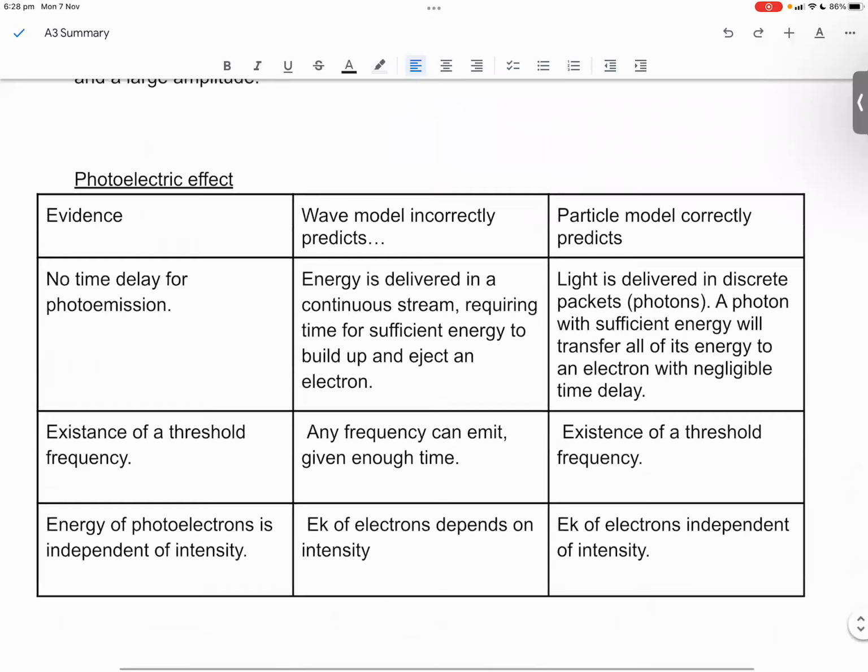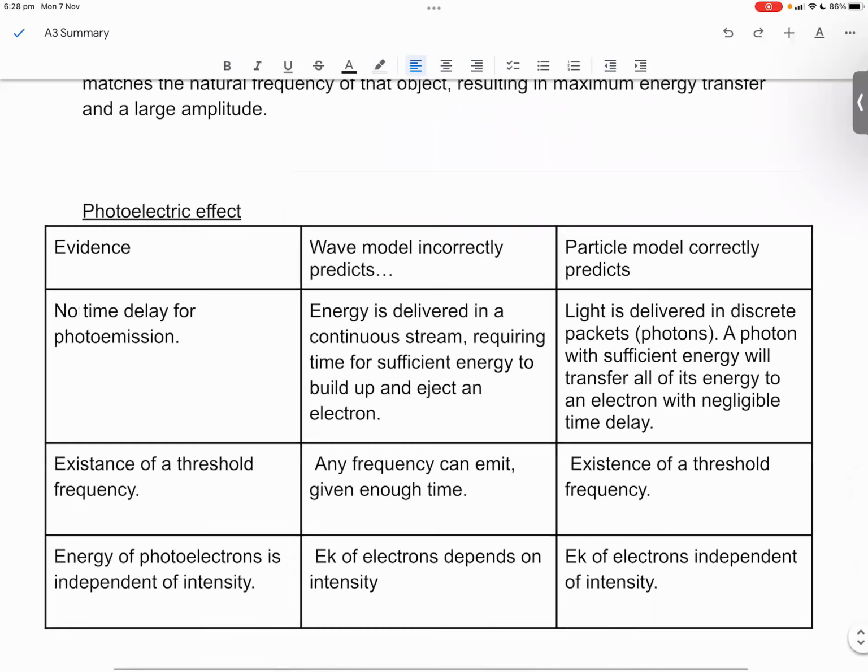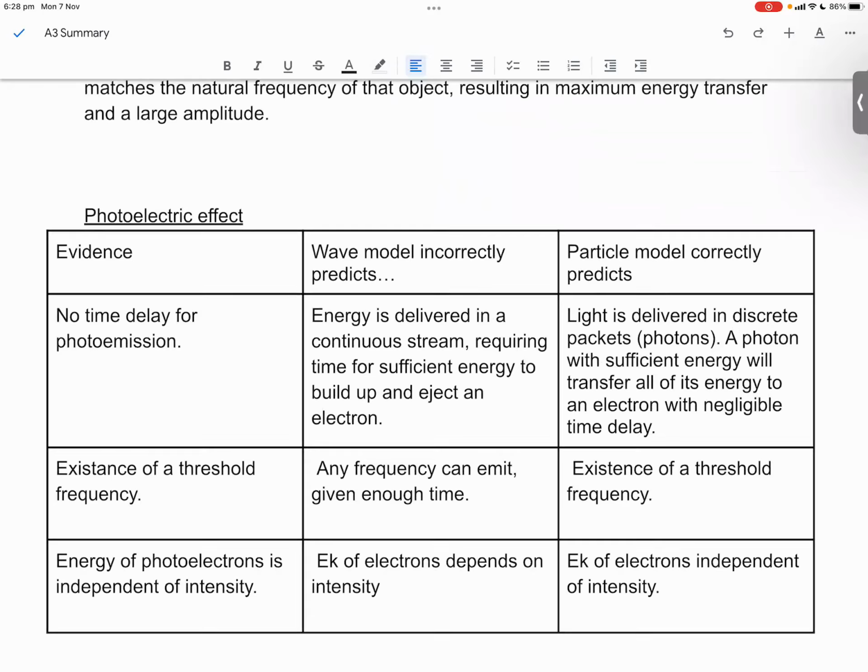Here's the photoelectric effect. I've noticed there's about 3 key pieces of evidence that the photoelectric effect addressed: the fact that there's no time delay for photoemission, and that there's a threshold frequency. If I was to talk conversationally about that, we might say that the wave model says any old frequency should emit if you have enough time, because energy can accumulate continuously under a wave model.